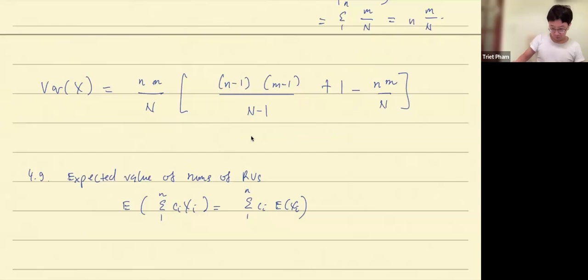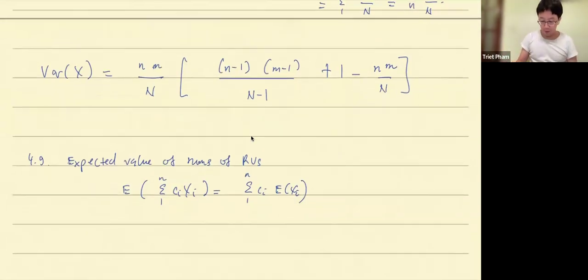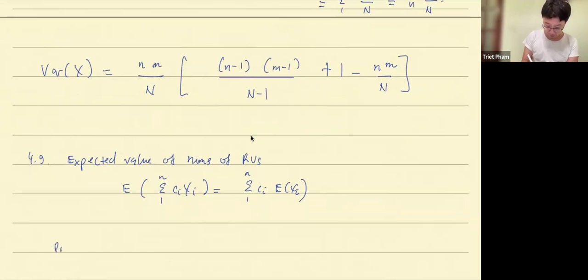Now, I think the only thing that's worthwhile here is the proof of this. And the proof here is for discrete random variables. So these random variables are discrete. Doesn't really matter, but the proof is as follows.